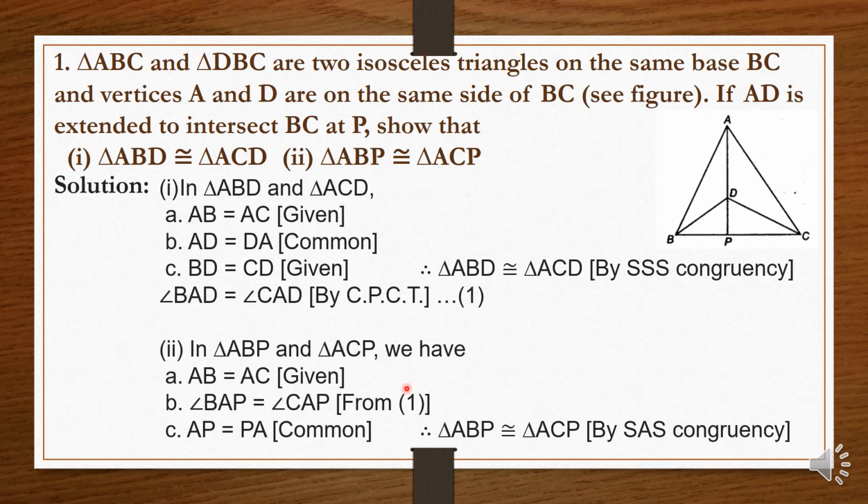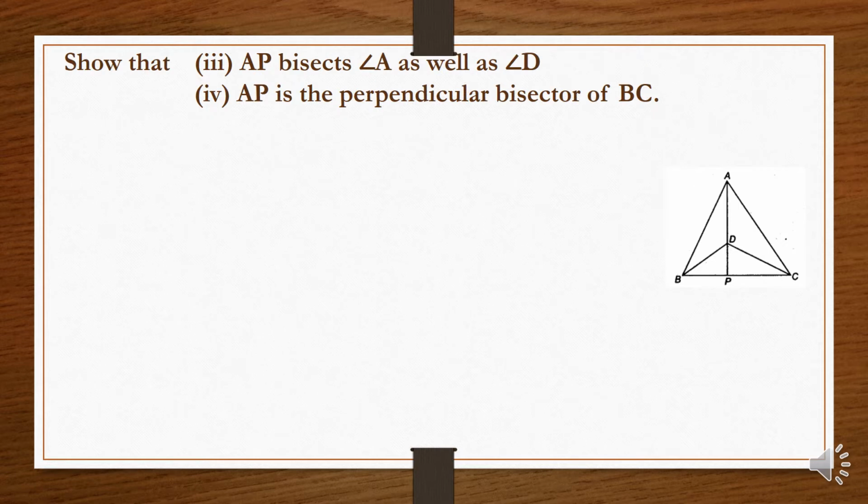Therefore, in triangle ABP and ACP, AB equals AC, angle BAP equals CAP by this, and AP equals PA, that is the common side. Therefore, by SAS, side angle side congruence rule, triangle ABP is congruent to triangle ACP.